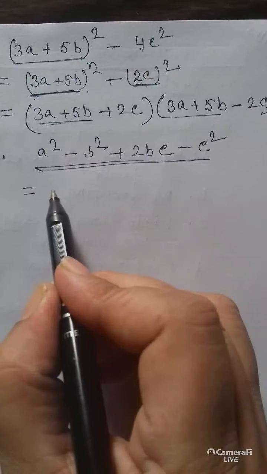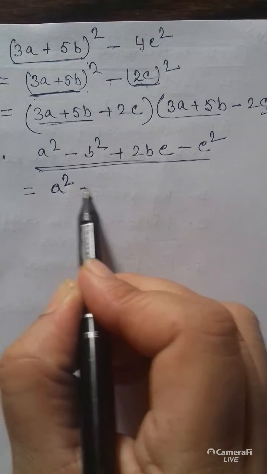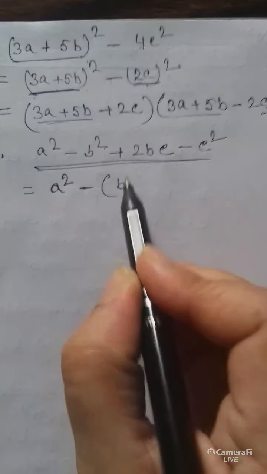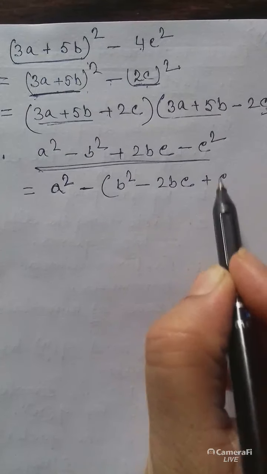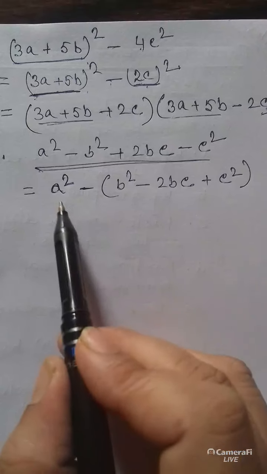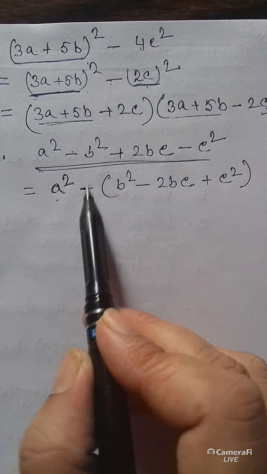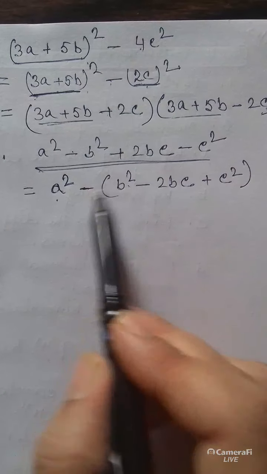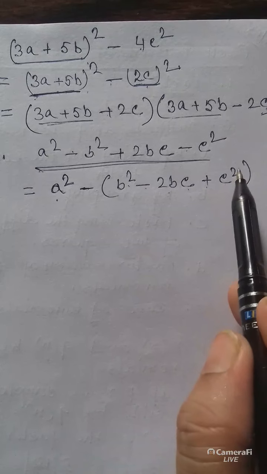How is it possible? See, a square as it is, minus common, b square minus 2bc plus c square.